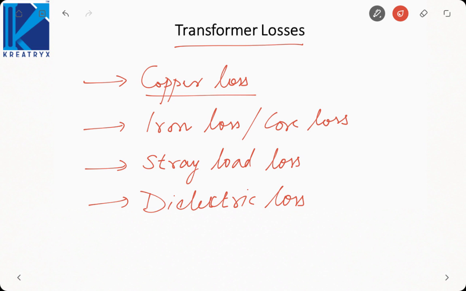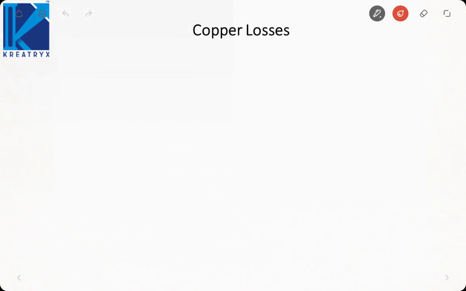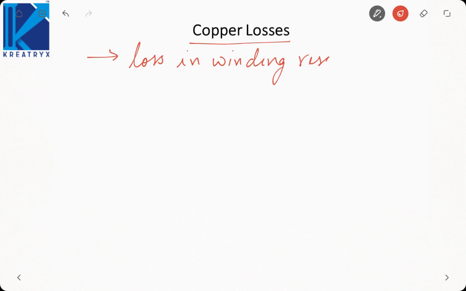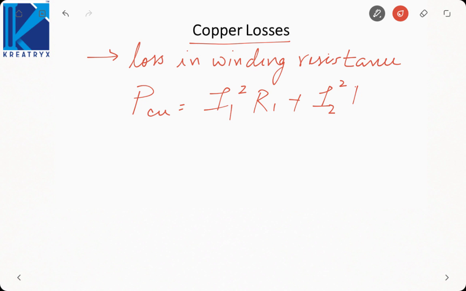So first let us start with the copper loss. Basically copper loss is concerned with the winding resistance. This is the loss in winding resistance. Copper loss can be written as I1 square R1 plus I2 square R2.